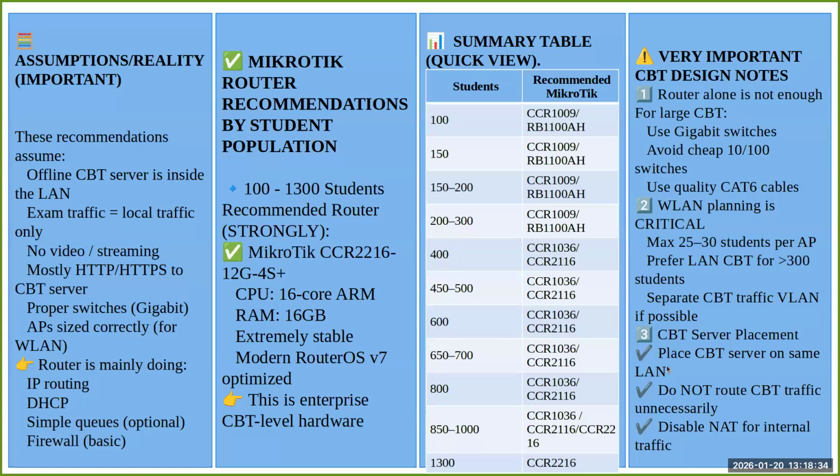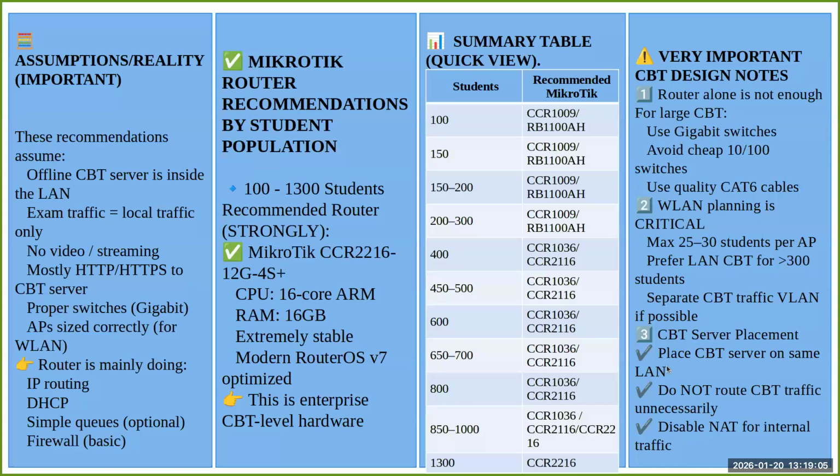12G 4S. What that means is this. CCR means Cloud Core Router. 2216 is the serial number of that router. 22 is actually the series number. 16 means 16 interfaces, and the 16 interfaces are interpreted like this: 12 and 4. 12G means 12 gigabit ports.